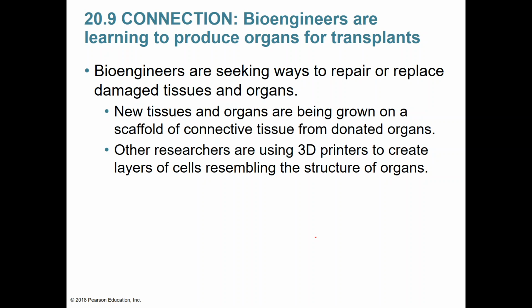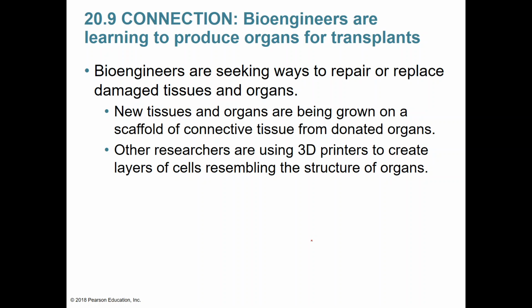One really interesting field of science currently is called bioengineering. These are scientists who are seeking ways to repair or replace damaged tissues and organs. You all may know someone who has had an artificial knee or hip to replace a joint that's been damaged over time.